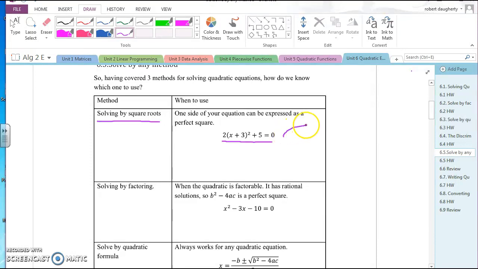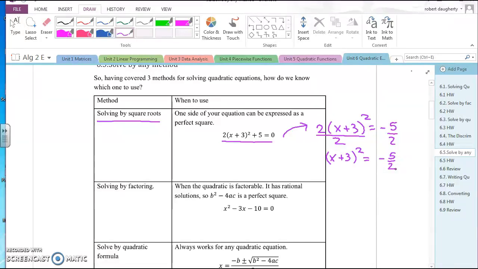So if I could isolate that, so if I could change this to 2 times x plus 3 squared equals negative 5, and then I could divide both sides by 2, then I would get x plus 3 squared equals negative 5 halves.